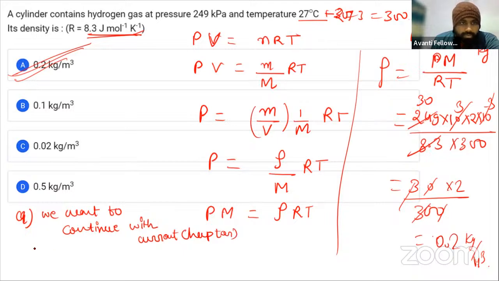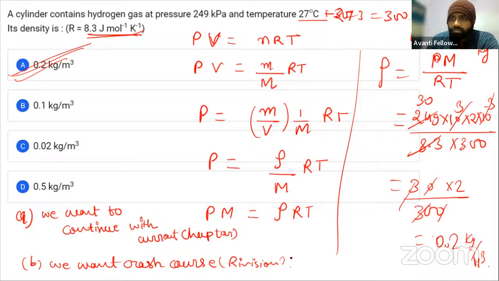Or option B, we want the crash course, which is for revision. So your syllabus is over. So what do you want, option A or option B? Because we are thoroughly studying oscillation and wave, which is remaining for us.